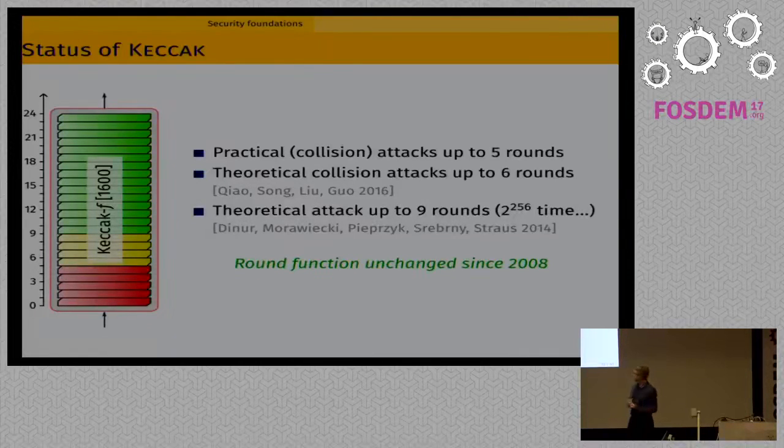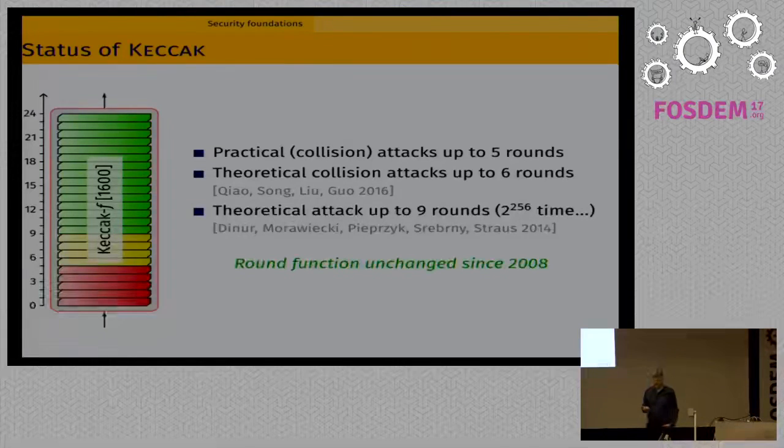And if you allow any kind of attacks, then the best theoretical attacks are up to 9 rounds. But for 9 rounds, it's time 2 to the power 256, which is a huge number. It's even higher than the number of particles in the universe, so that's really theoretical. So you can see from this figure that the 24 rounds of Keccak are actually a rock-solid safety margin.